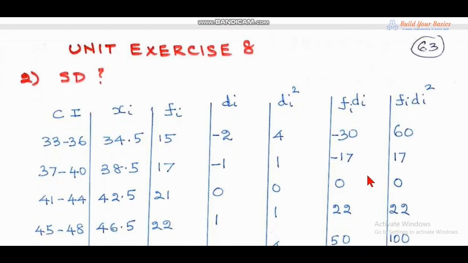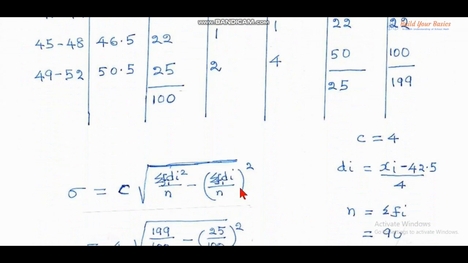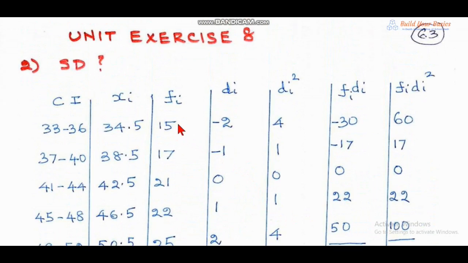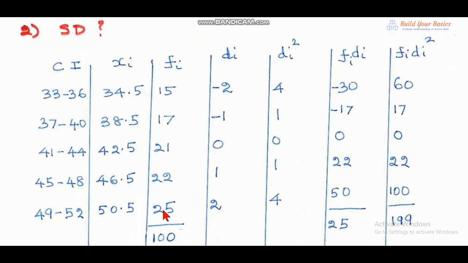Then fi di squared, fi into di squared. 15 into 4, 60. 17 into 1, 17. 21 into 0, 0. 22 into 1, 22. 25 into 4, 100. Sigma fi di total 25. Sigma fi di square total 199.